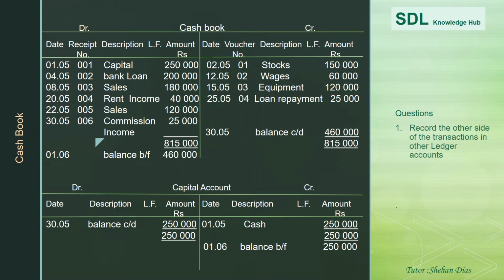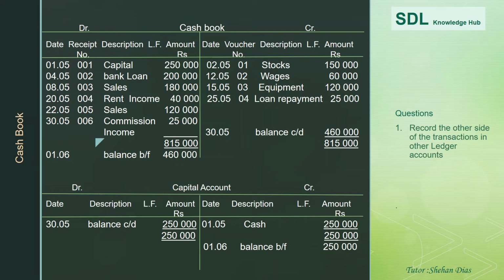So income increases. Cash sales again for 120,000, receipt number 5, again stating sales account debit cash book for 120,000 and in the sales account second entry stating cash for 120,000. Repayment of part of the loan for 25,000.